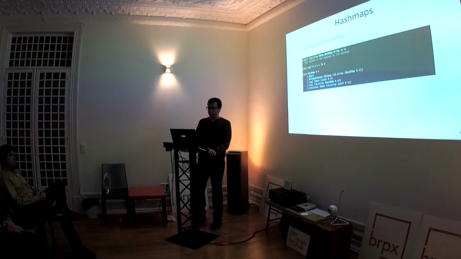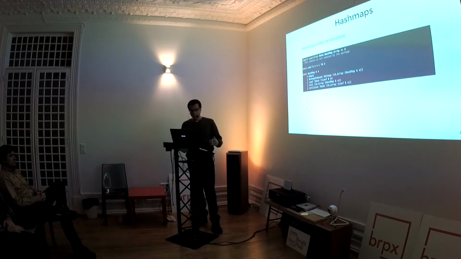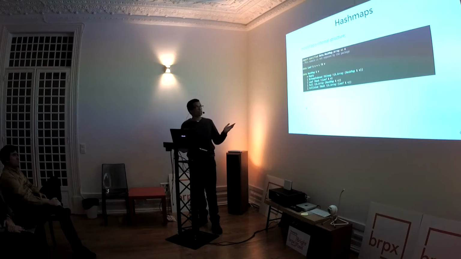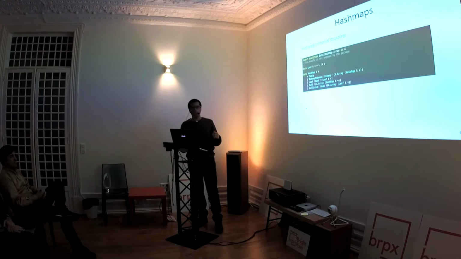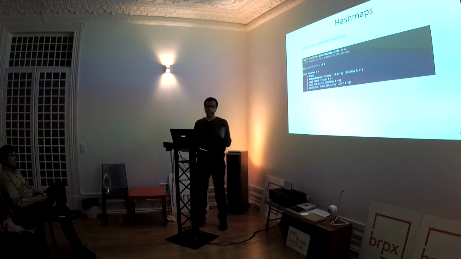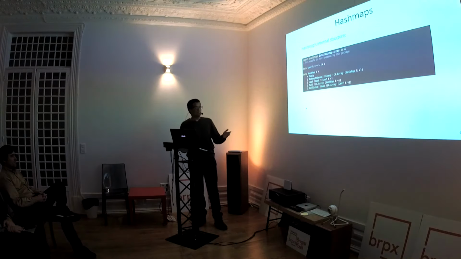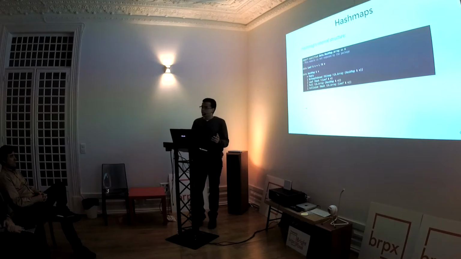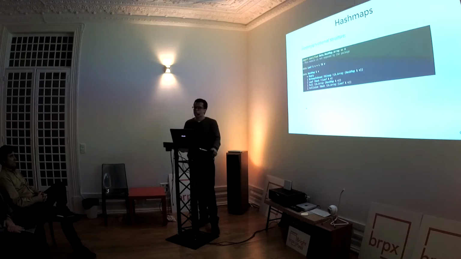A hash map's internal structure, not to get too technical, is a hash array mapped trie. If you know what a trie is, this should look familiar to you. Essentially it's a k-ary tree where k is 16, but it's not always 16.